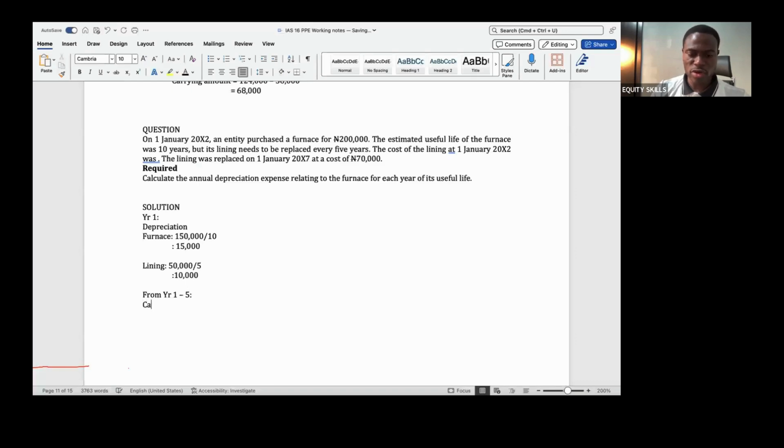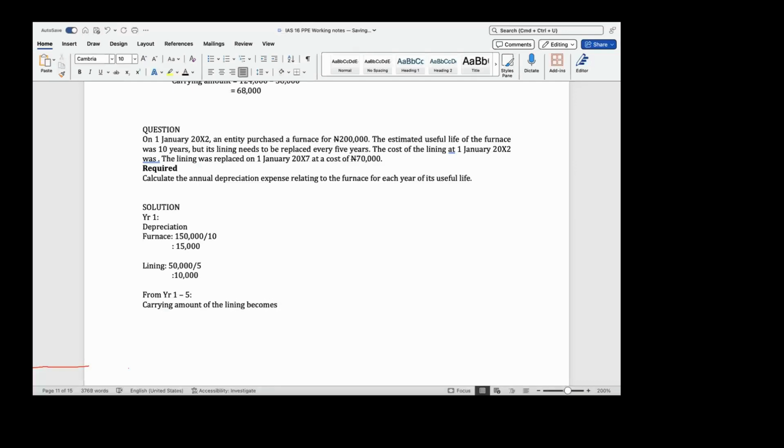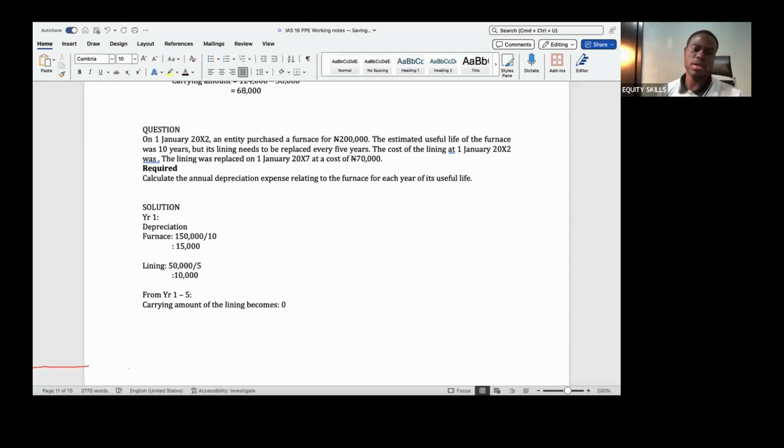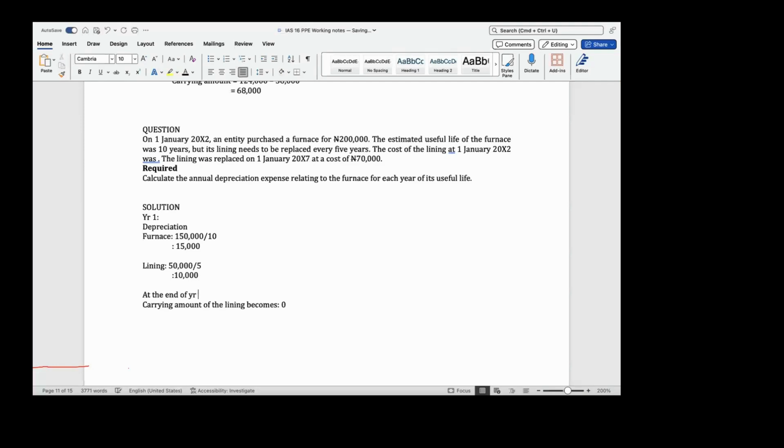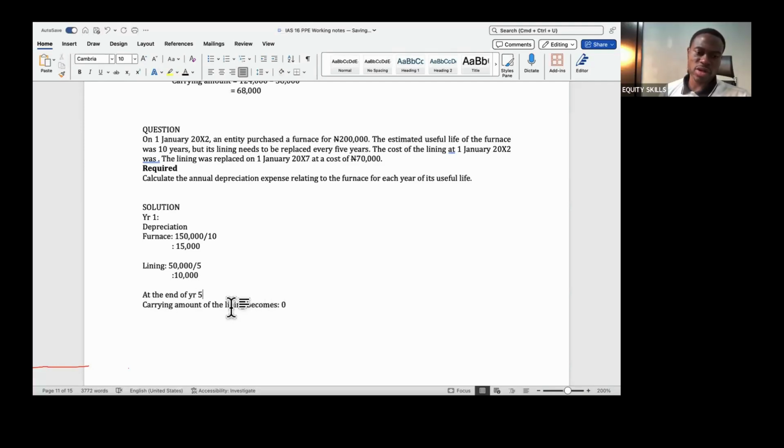So, as far as the lining is concerned, from year 1 to year 5, the carrying amount of the lining becomes what? At the end of year 5, the carrying amount of the lining becomes how much?